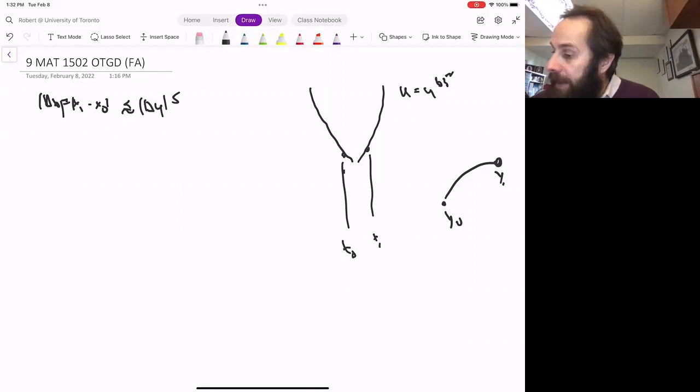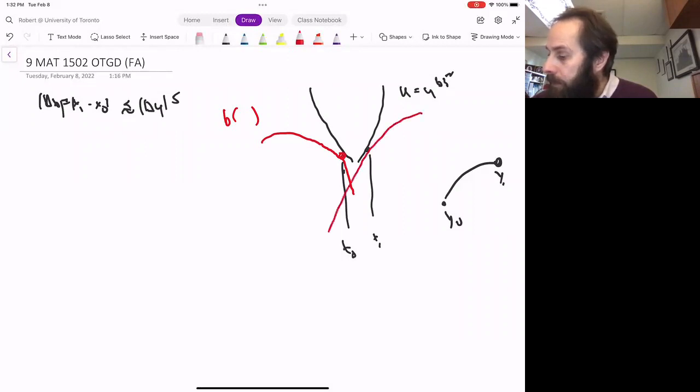And then we looked at a supporting copy of B over here. So this would be like B of something, and another supporting copy of B over there. Again, this is B of something, y0 minus lambda naught, and then this is B of something, y1 minus lambda 1.